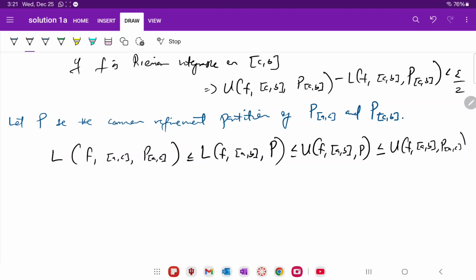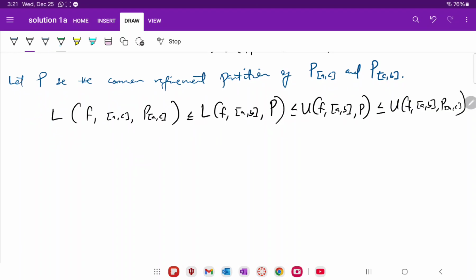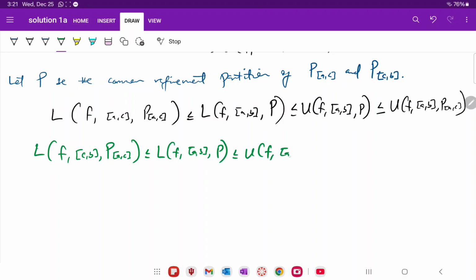Similarly, this also holds for [C, B]: the lower sum on [C, B] is less than the lower sum on [A, B], less than the upper sum on [A, B], less than the upper sum on [C, B].